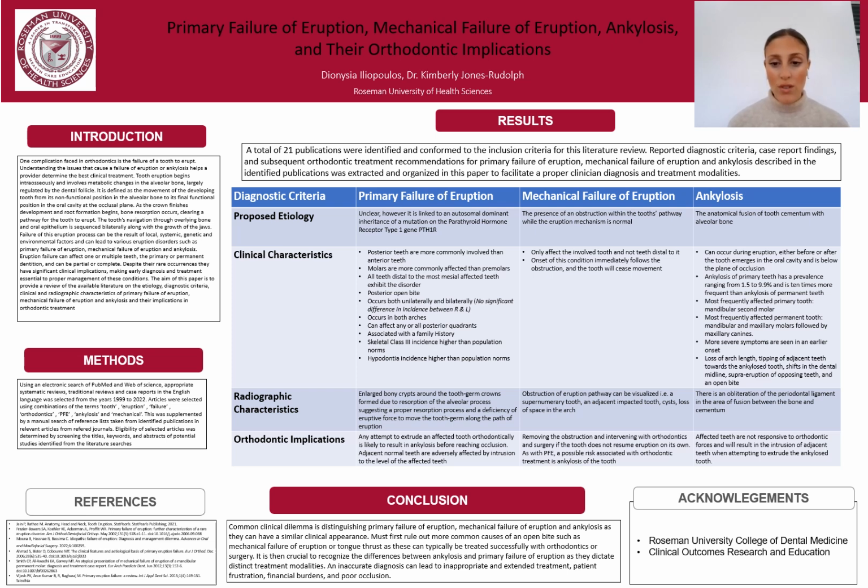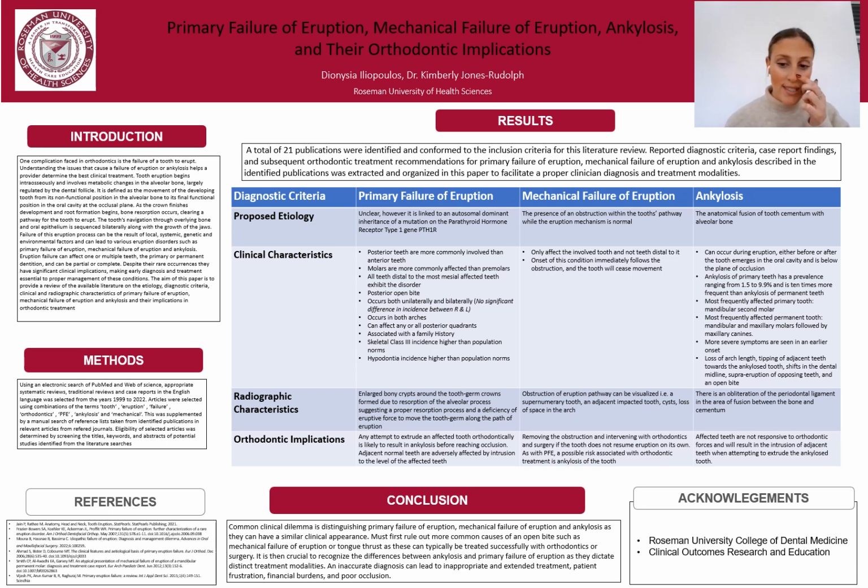Ankylosis, the radiograph can exhibit an obliteration of the periodontal ligament in the area of fusion between the bone and cementum. Its orthodontic implications: for primary failure of eruption, any attempt to extrude the affected tooth or teeth orthodontically is likely to result in its ankylosis before reaching the occlusion. So it might have an initial positive response towards orthodontic treatment, but it will soon be followed by ankylosis.